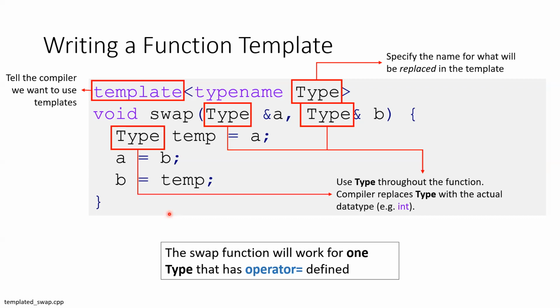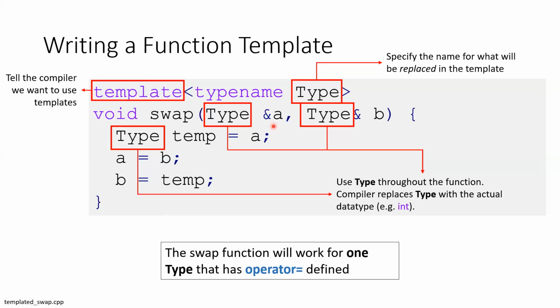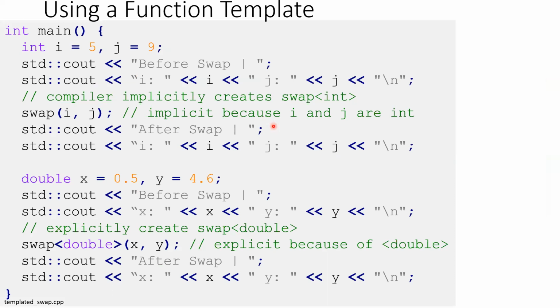This swap function will work for all of integer, double, and everything else that has the operator equals defined, because this is the operation that you are using inside here. And that's the only operation you're using for this function. And note that A and B must have the same type, otherwise it won't work. Does that make sense? Okay.